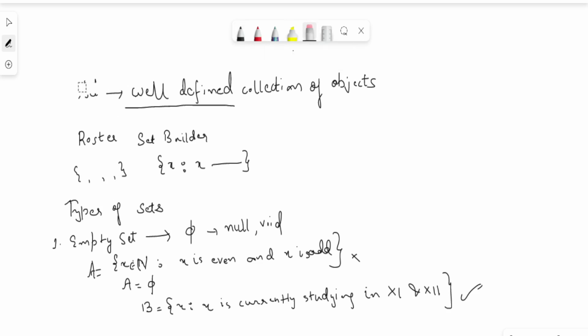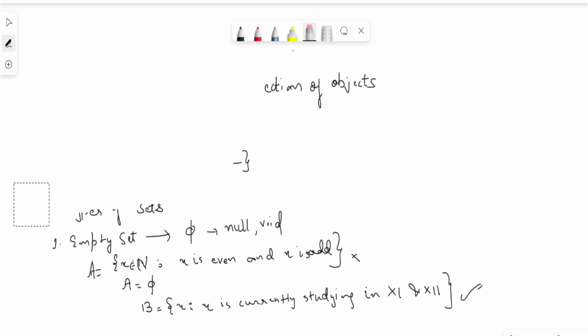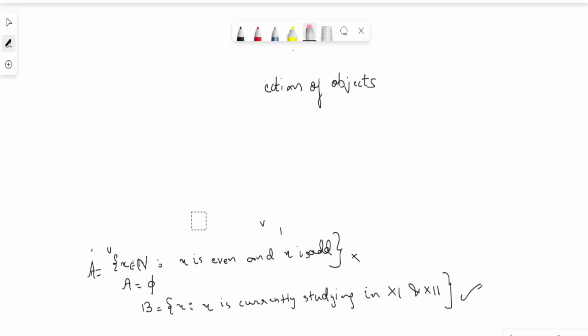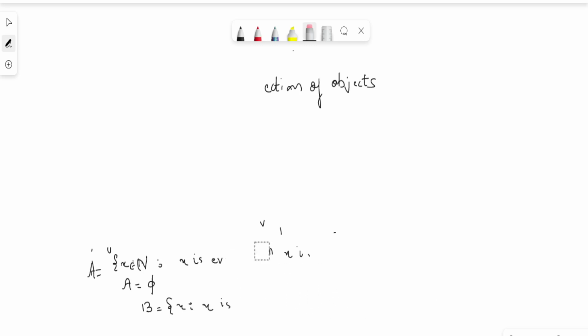Let's look at some other examples as well. For example, can you give me a prime number which is even and greater than 2? No, there does not exist any even prime number greater than 2. 2 is the only even prime number, right?